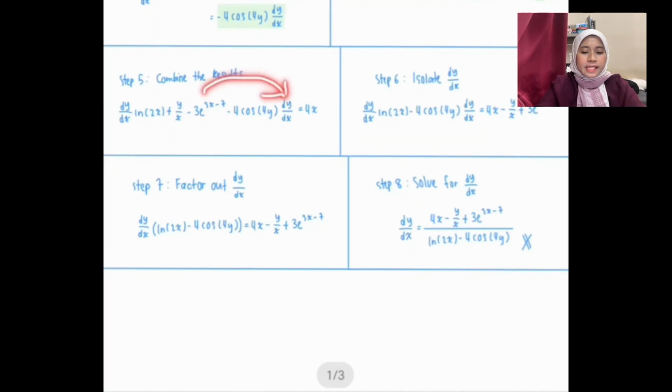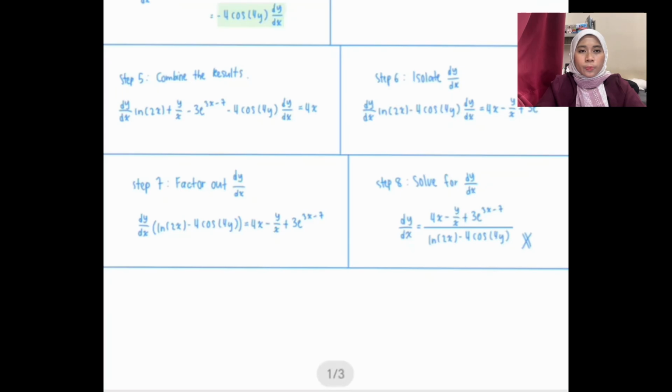Next, step 7, we're going to factor out dy over dx. On the left side, we're going to factor out dy over dx, and then we get these answers. So step 8, solve for dy over dx.